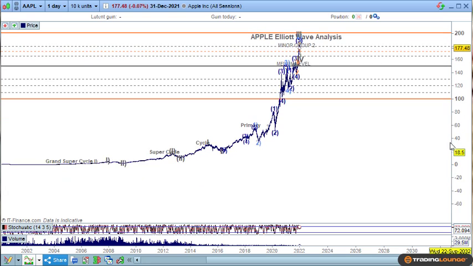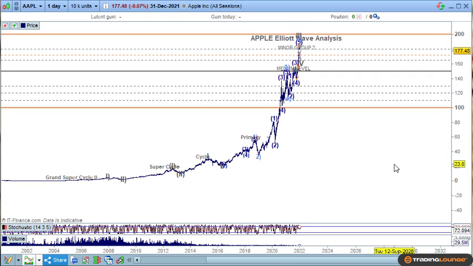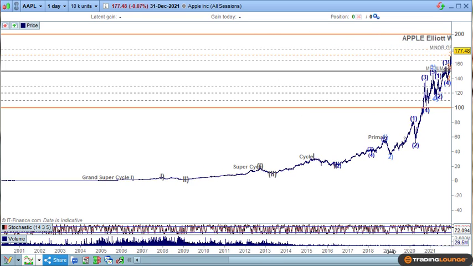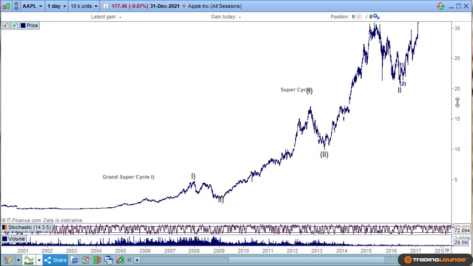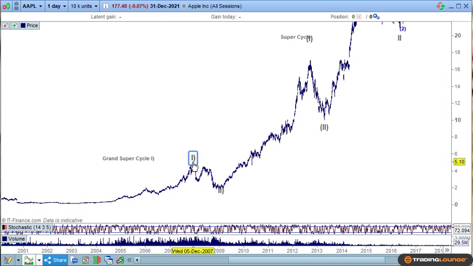With Apple, I did do a bit of work on this, going back a little bit to the lows here, which I hadn't done before, so I'll probably need to go and check this. I was thinking at this point here that the 2008 high here is a grand super cycle, because it's taken quite a few years to get to that point.